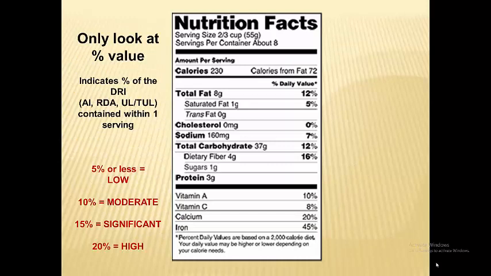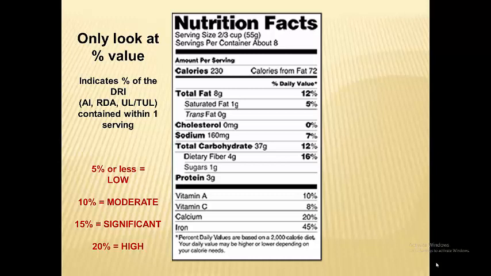So you learned too how to read a nutrition facts panel, and you learned that the very first and primary tool is to look at the percent value, because when you look to the far right, it is telling you the percent of the dietary reference intake that is contained within one serving of the item.